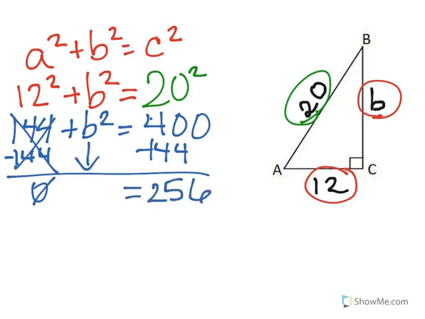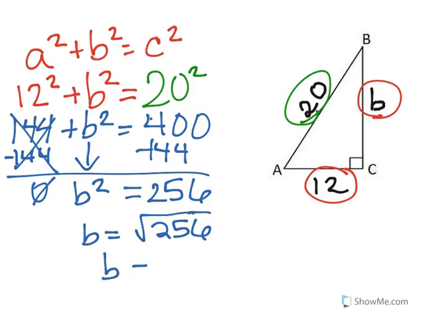We haven't done anything with that b squared, so we have to bring it down. So now we can see all we have to do is find the square root of 256 to figure out what b, or the side length, is. And the square root of 256 is 16.